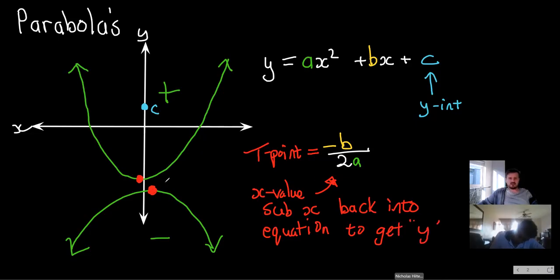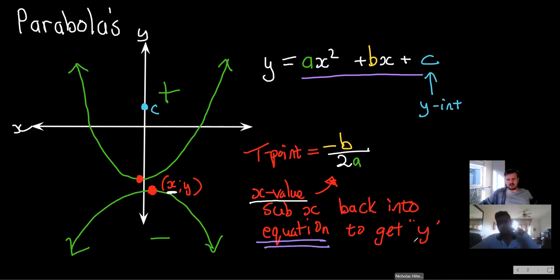And that would then tell you the turning point, so you'd have an x and a y value there at your turning point. So your x you get from there, and then when you sub it back into this thing here, you'll get your y.